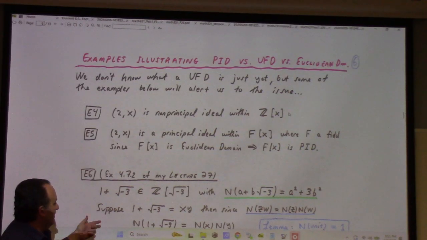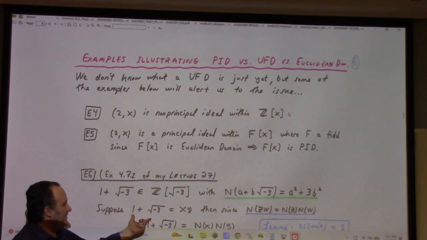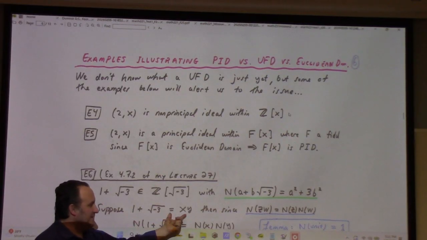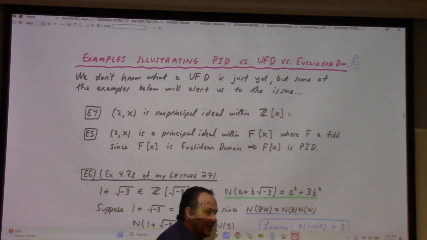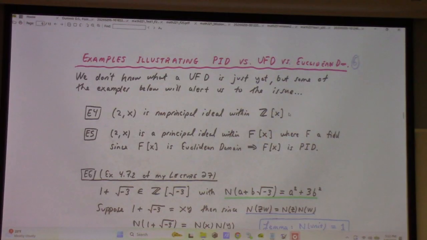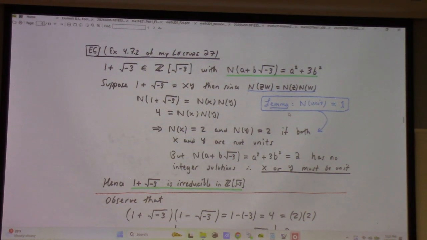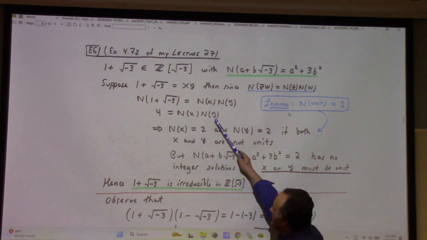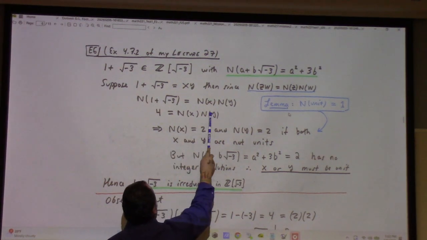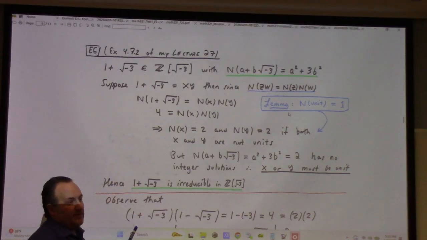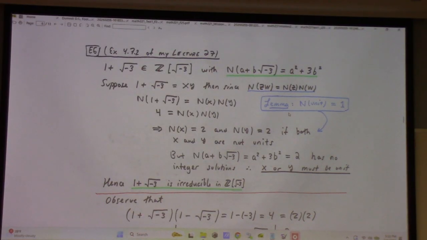I don't believe this is a Euclidean domain, for reasons I'm about to show you. So suppose you have 1 plus root minus 3 equal to xy. Then, if that's the case, 4 is the norm of x times the norm of y. The only way for both of them not to be units is if they must both be 2.